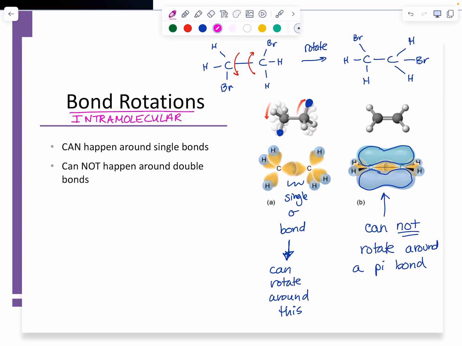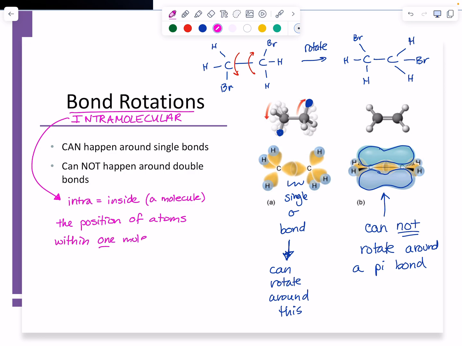Intra means inside, and this implies inside a molecule, a single molecule itself. So what that means is the position of atoms within one molecule with respect to each other.